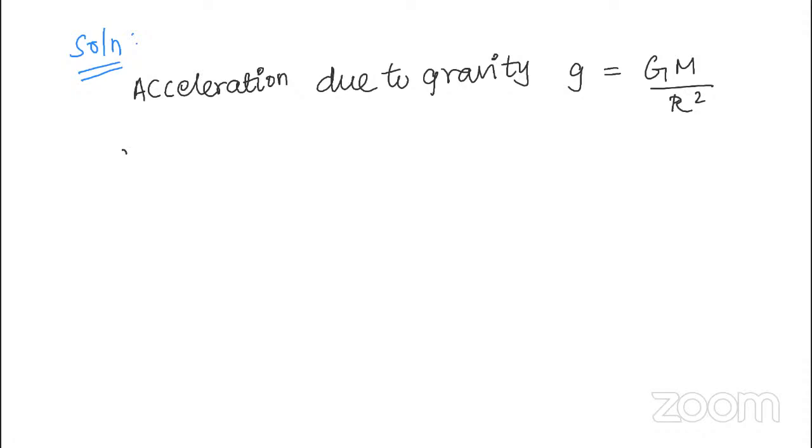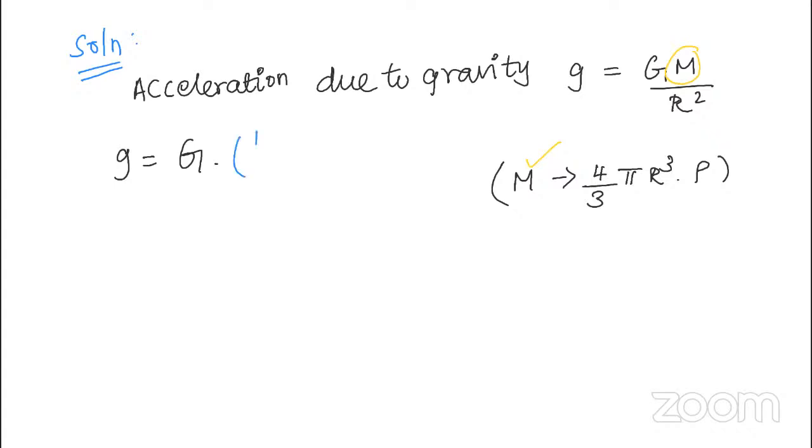Then let us now substitute in this value. In the previous class, we dealt with the mass value, which is nothing but 4 by 3 pi R cube into rho. So here we have to use the formula for M. That is 4 by 3 pi R cube into rho divided by R square.